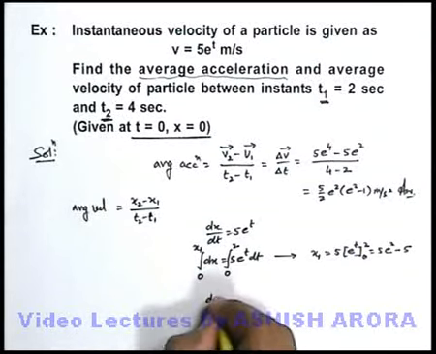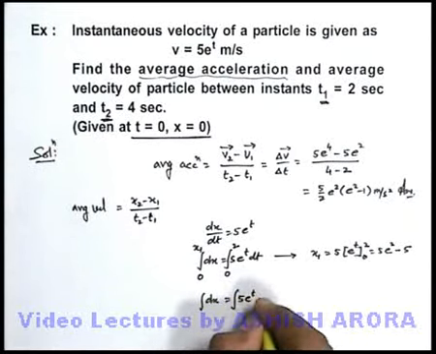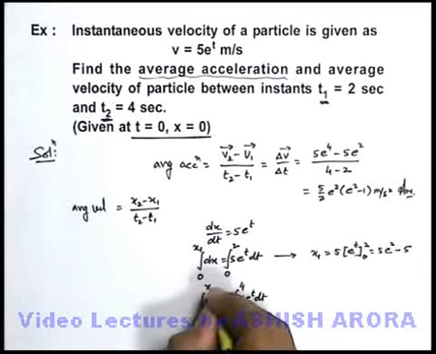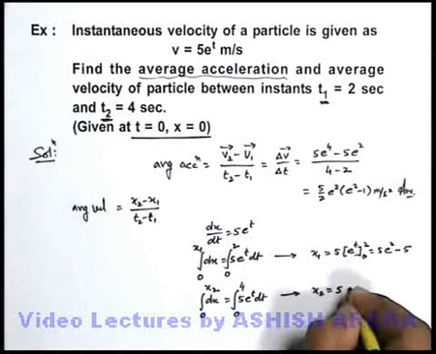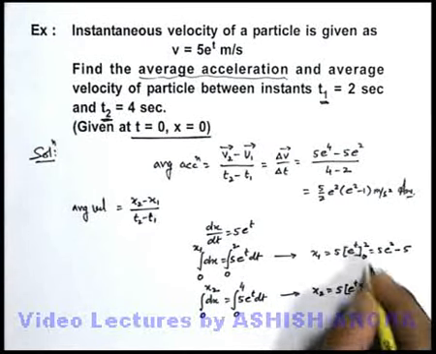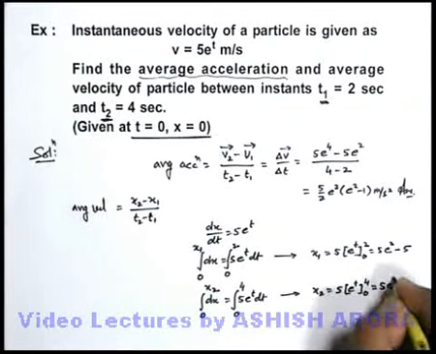Similarly, if we integrate the same expression from 0 to 4 seconds and x from 0 to x2, we'll get the value of x2 as 5, again e to the power t remains e to the power t, integrated within limits from 0 to 4. So this will give us 5 e to the power 4 minus 5.